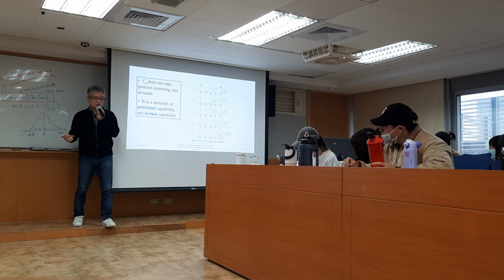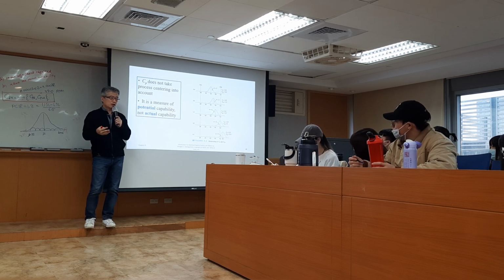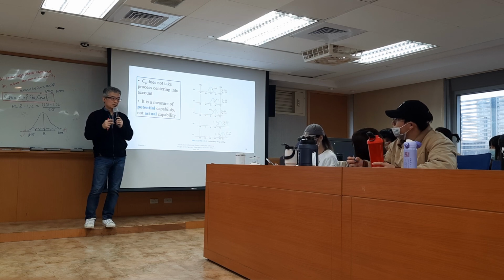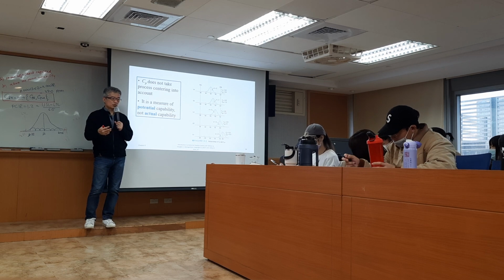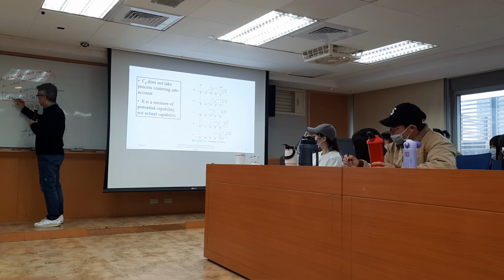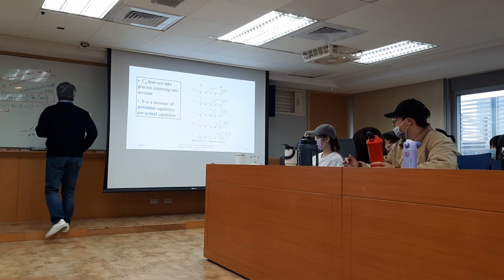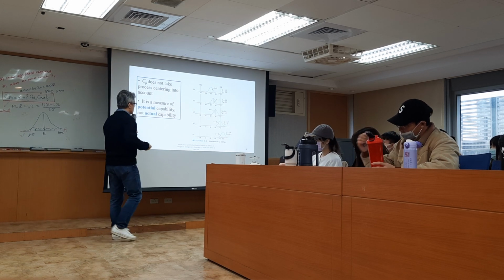Of course, if one side is larger than the other side, we only take the minimum. So at most we can say the actual capability with respect to the minimum value. So this is the actual capability.